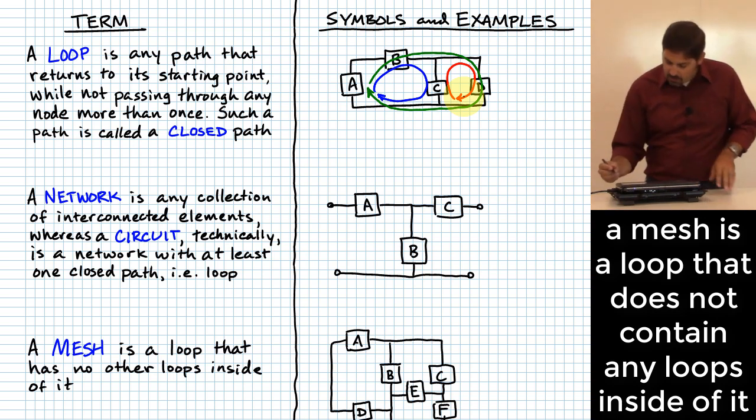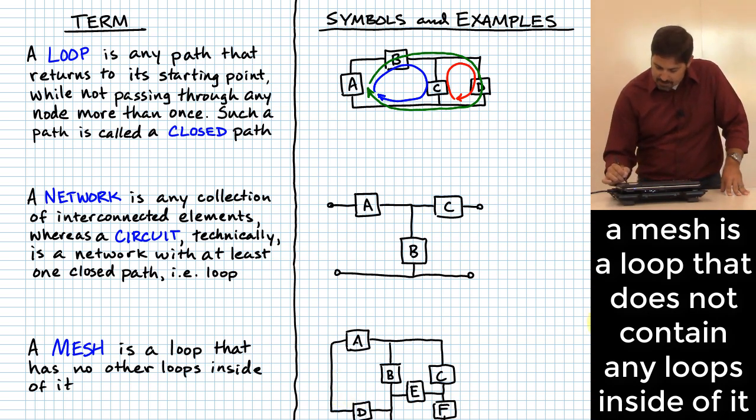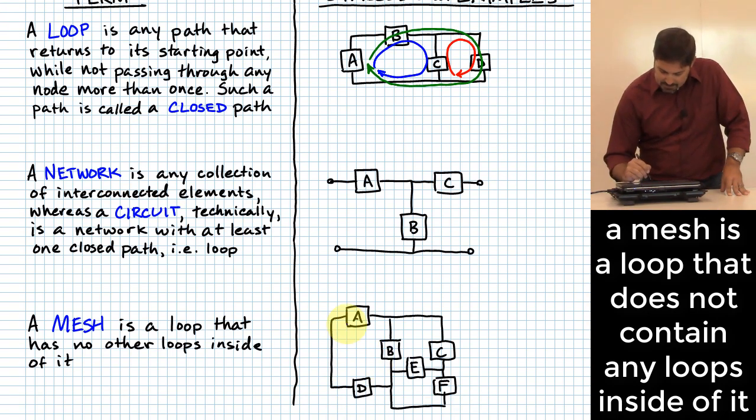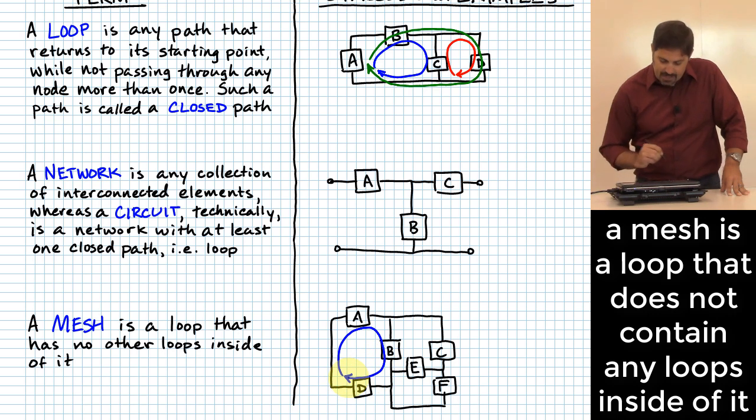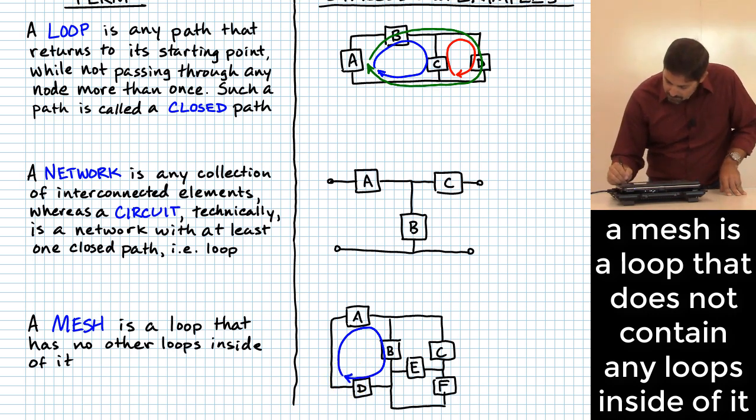So down here, where would my meshes be on this circuit that I have down lower down here? Let's say I start up, maybe I start down here. I could go through A and down through B and over to D. That would be one of my meshes, right? What about on this one? Maybe I could start here. I could go around.